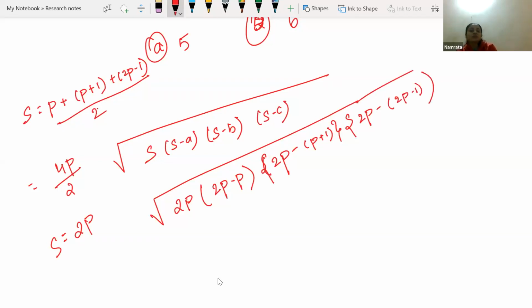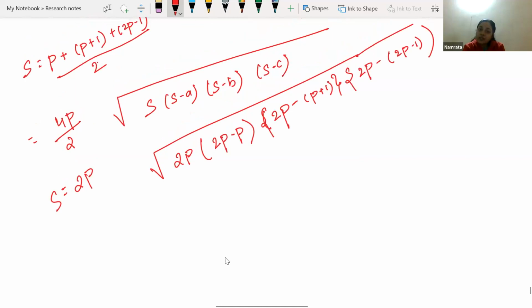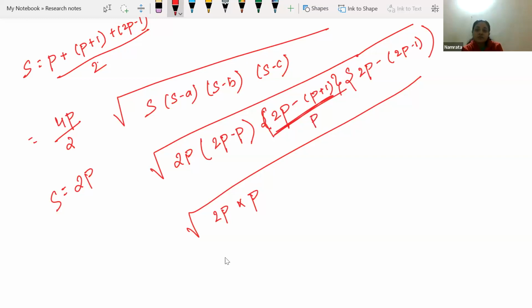This is what we will be getting when we are writing the expression for area. Let's simplify it. We will be able to simplify it if you look at it carefully. We are having 2P minus P, that means only P plus 1. Then here we are having 2P minus 2P, that means this 2 will cancel out and plus 1 we will be having over here.